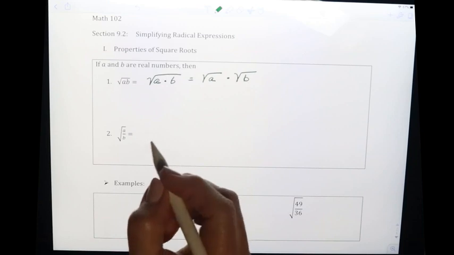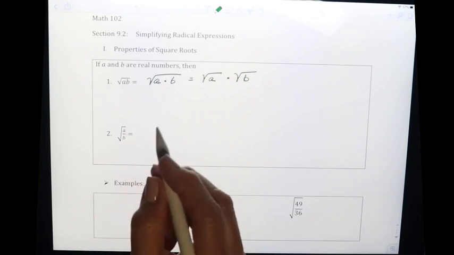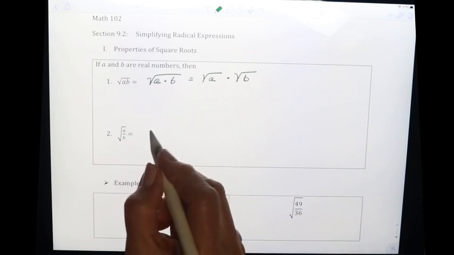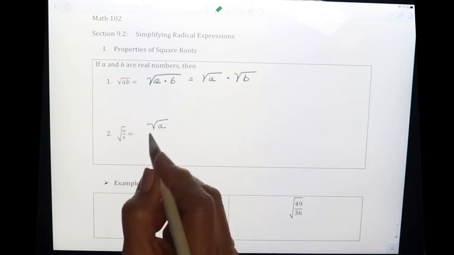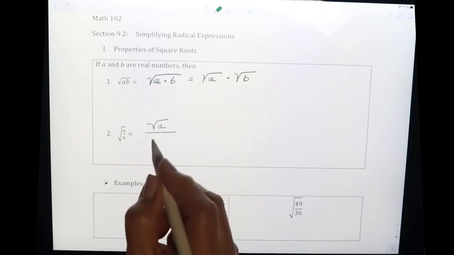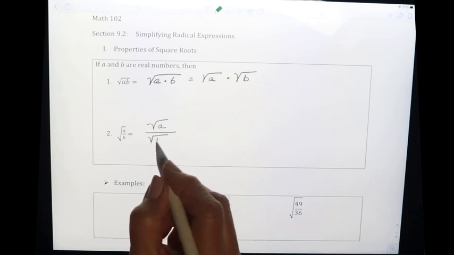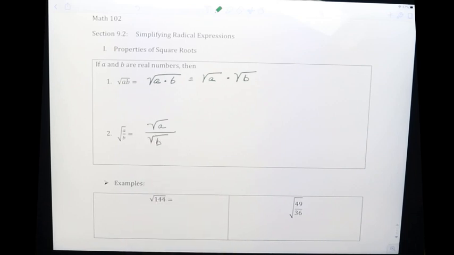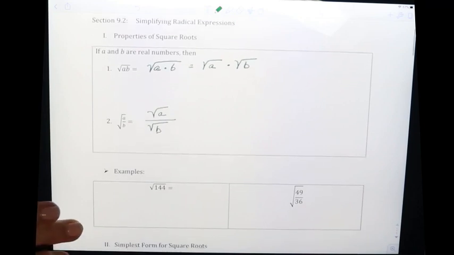And the same thing is true for the square root of a fraction. You're allowed to take that and split it into the square root of the numerator, then your division symbol, and place that over the square root of the denominator. So you're going to see me using those techniques as I work through some of these examples with you.